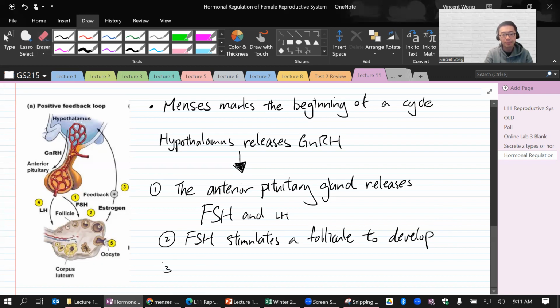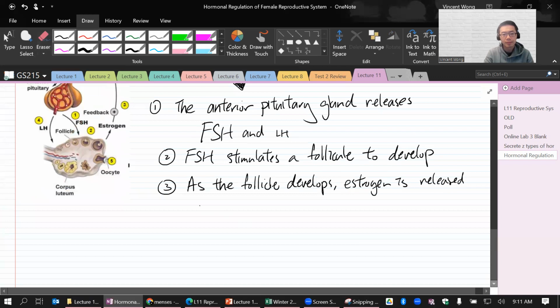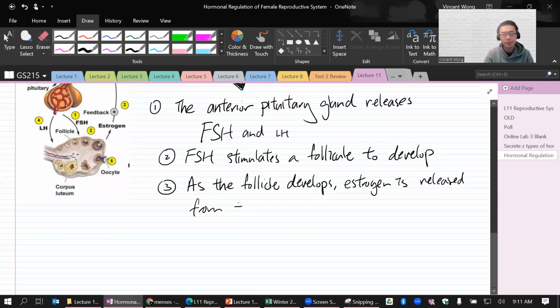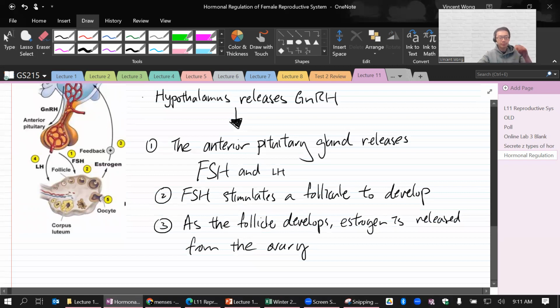And I told you already, as the follicle develops, estrogen is released from the ovary.